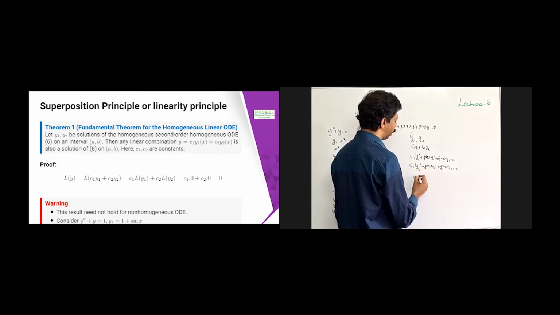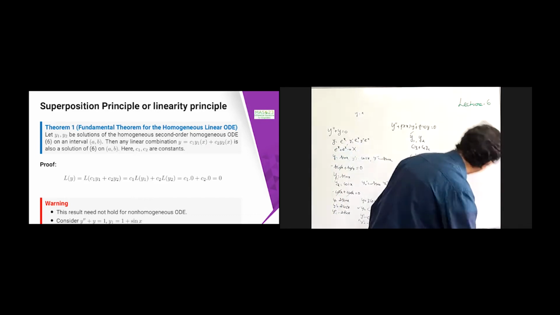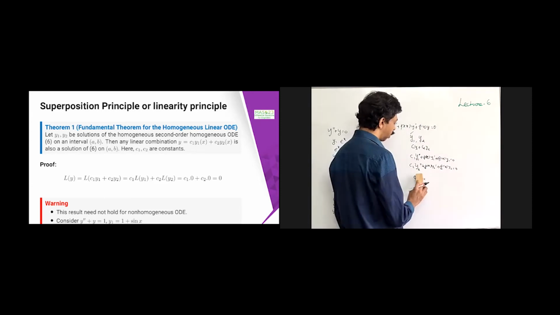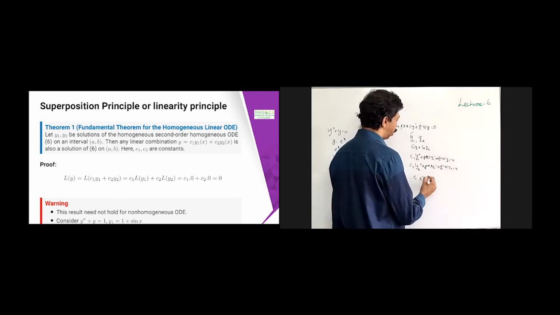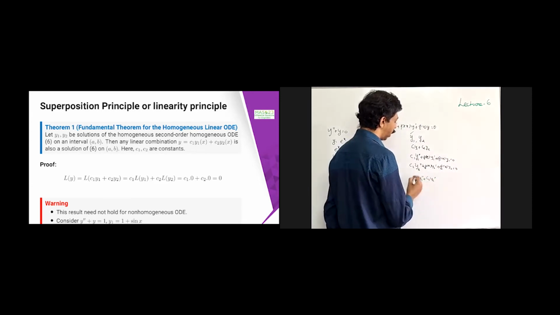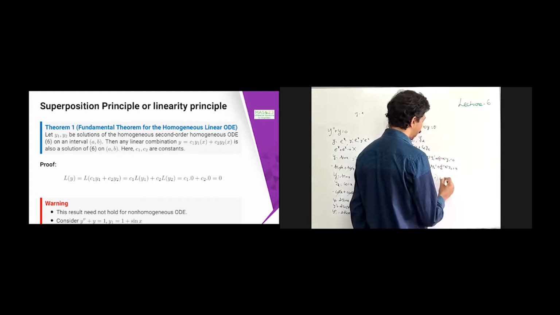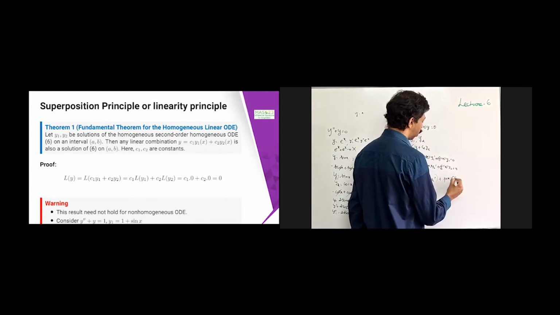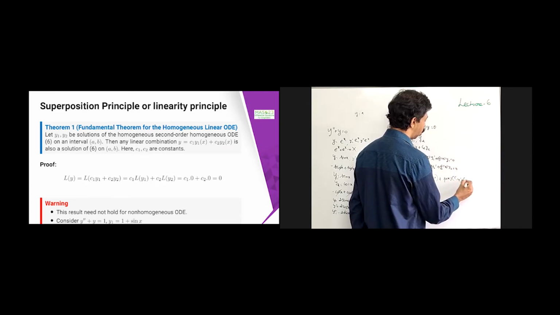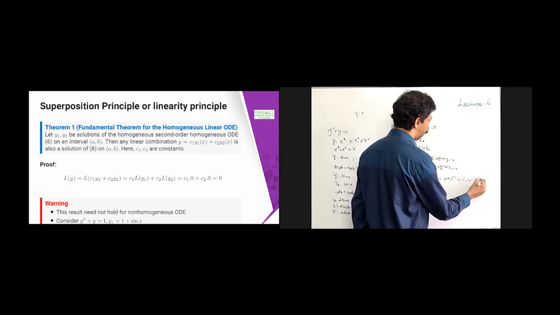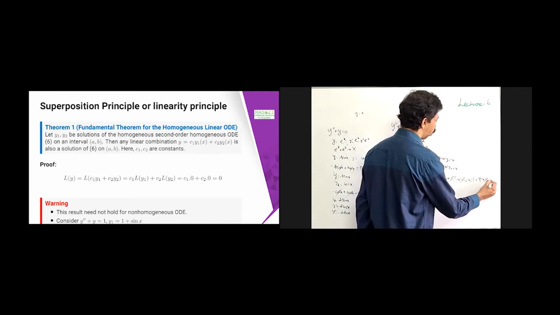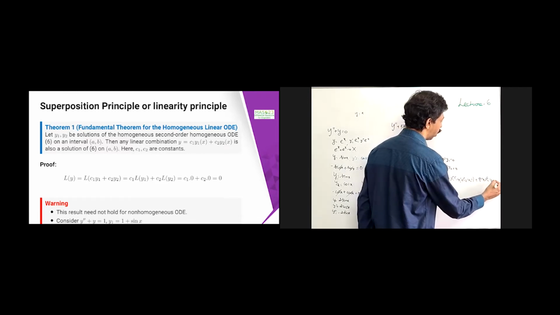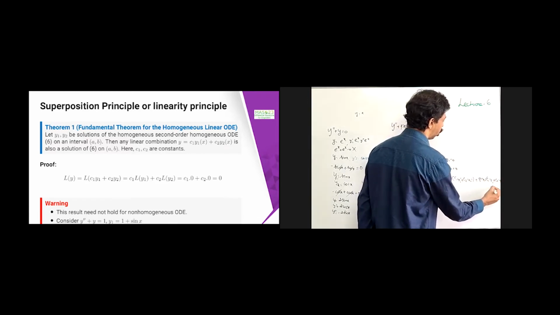Therefore, this is going to become c1 y1 double dash plus c2 y2 double dash, plus p of x into c1 y1 dash plus c2 y2 dash, plus q of x into c1 y1 plus c2 y2 equal to 0.